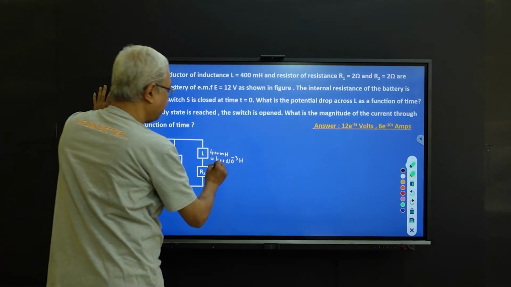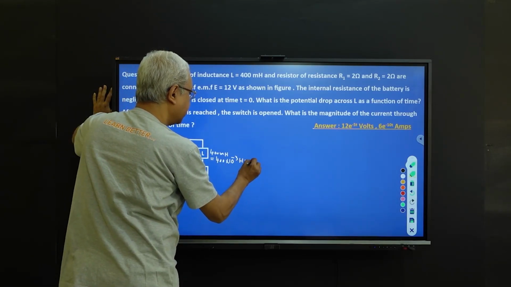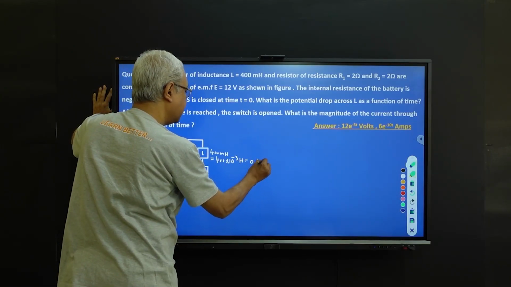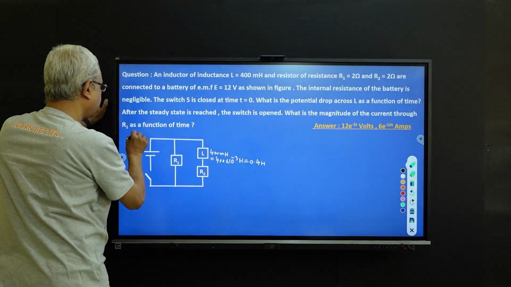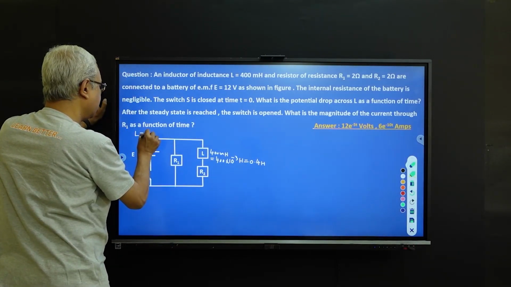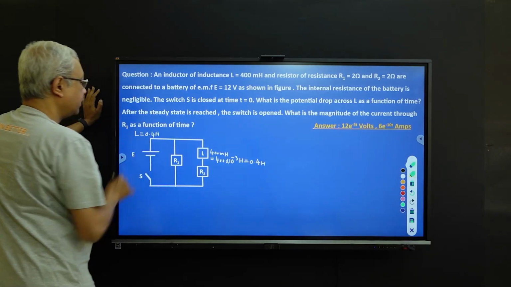So it is 0.4 Henry, simple. So L equal to 0.4 Henry.